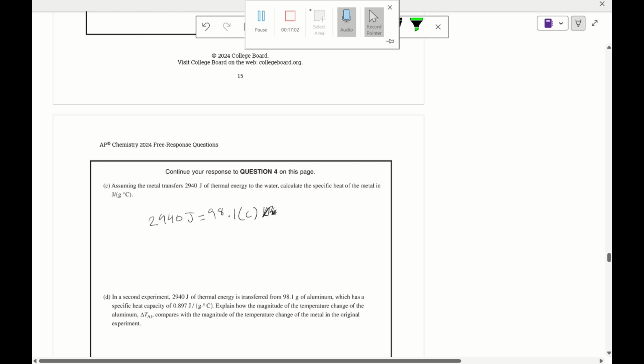So our delta T would be 61.5. So we have 2940 divided by 98.1 divided by 61.5, which would give you 0.487.